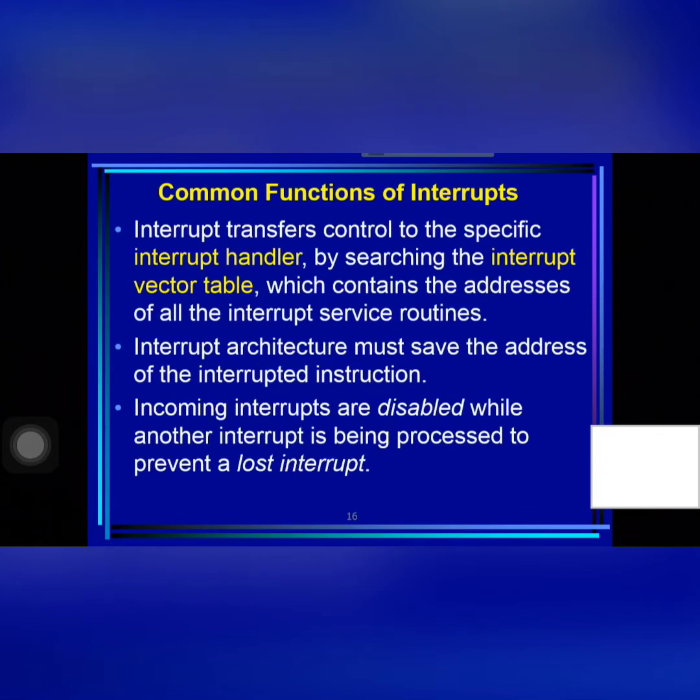A table of pointers to interrupt routines can be used to provide the necessary speed. The interrupt routine is called directly through the table, with no intermediate routine needed. Generally, the table of pointers is stored in low memory, that is, the first 100 or so locations. These locations hold the addresses of the interrupt service routines for the various devices.